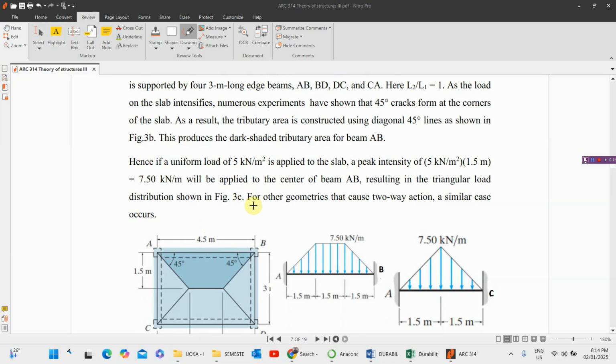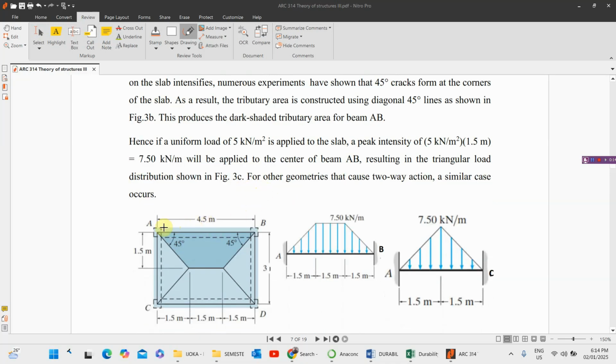Now the other case that I was talking about is this rectangular case, when we have 4.5 meters by 3 meters. You can see the angle 45 degrees and the angle 45 degrees here. Now when we have that angle 45 degrees where they meet, then we draw a straight line like that. So how is this one going to be treated? It's very simple, the same way we did that.